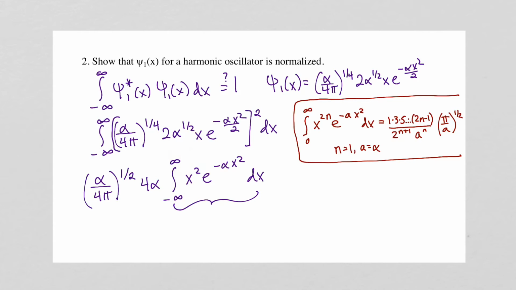So even though our limits are different with these expressions, by recognizing that the function we have in our integrand here is an even function, we can say, okay, well, that's essentially 2 times this integral from 0 to infinity. So when we evaluate that, the result is going to be 2 times the result of evaluating this integral, where for our particular situation here, our n is going to equal 1 and our a will equal alpha to match up with what we have right here.